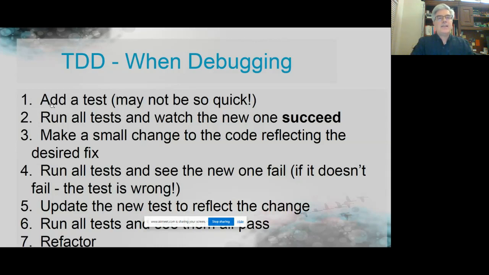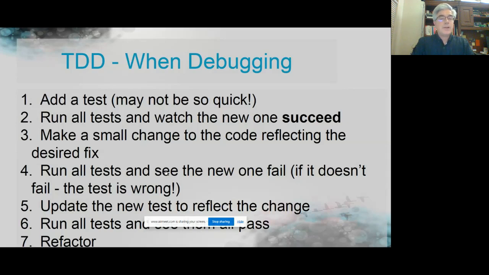So first we're going to add a test, and adding a test to legacy code may not be so quick. And then we will run all those tests and watch the new one succeed, because the way it currently works is effectively the right way, because that's the way it's running. So if there's a fix that you need to make or an enhancement, you'll make a small change to the code reflecting the desired fix or a step to implementing that fix.